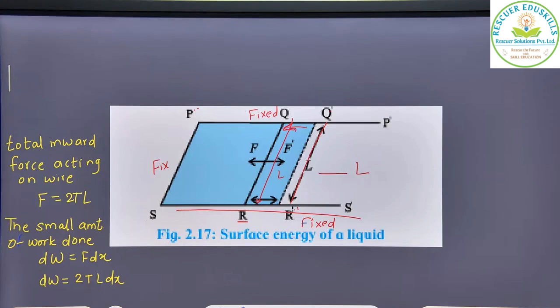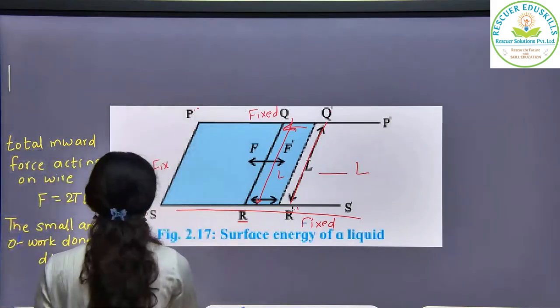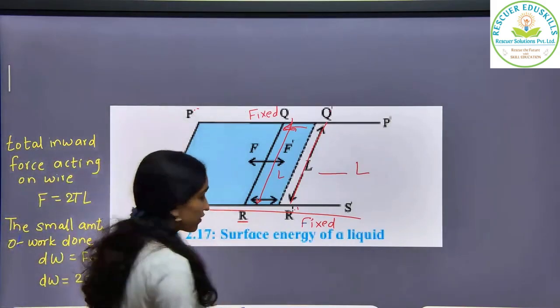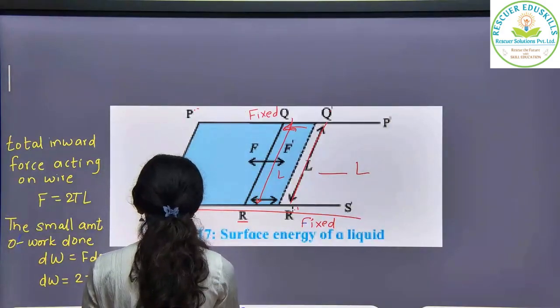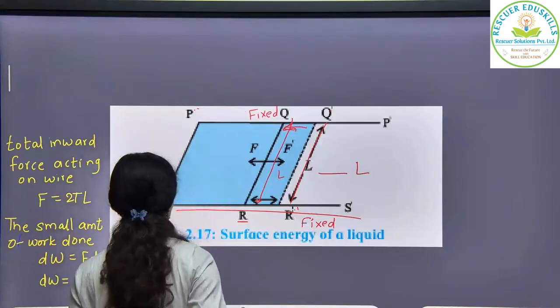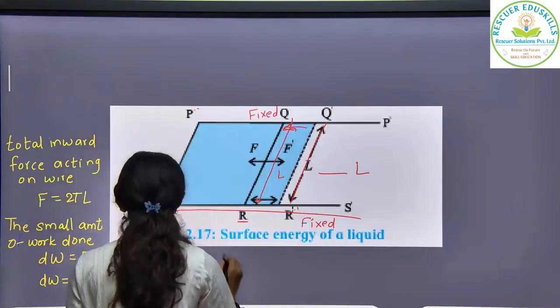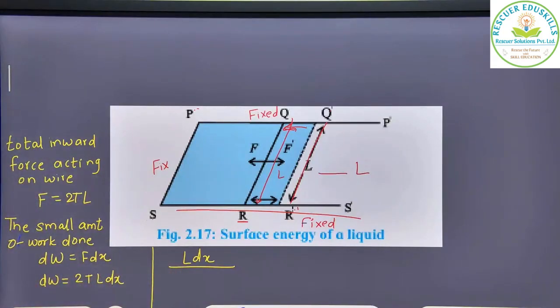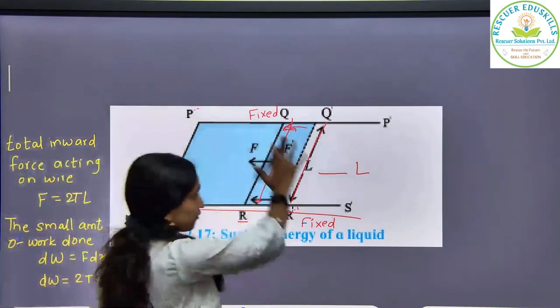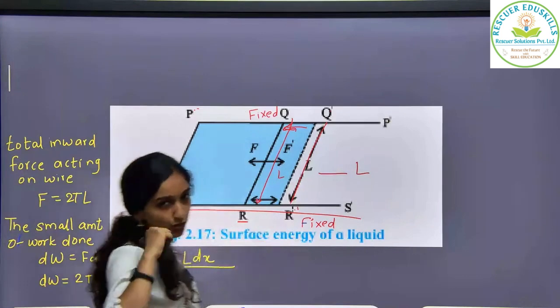So now when this wire moves by the distance dx, the area of the surface will increase by L dx. Okay, since I told before that this soap film is generated on two surfaces, right?